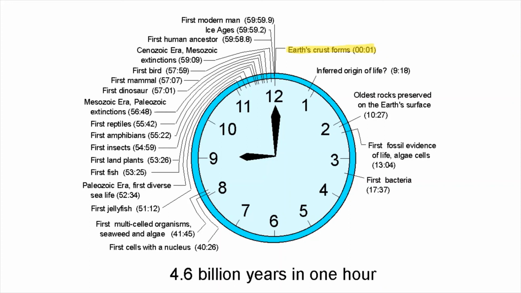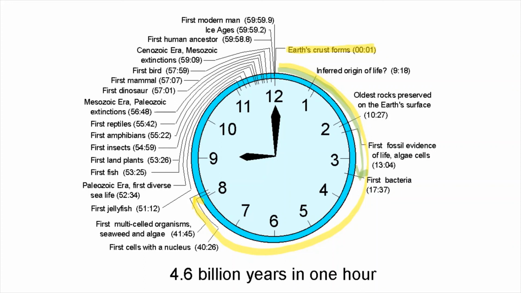That's when the Earth formed. And if we look at how long it takes before we get cells with a nucleus, it's only 20 minutes ago that we found cells with a nucleus. And the bacteria, really simple bacteria, didn't appear until 17 minutes into the Earth's life.